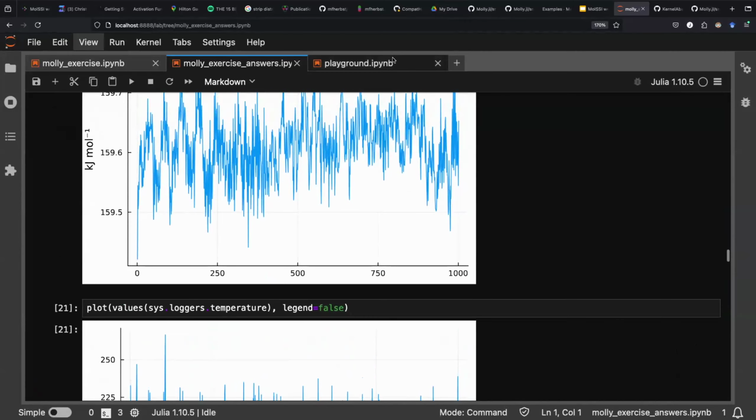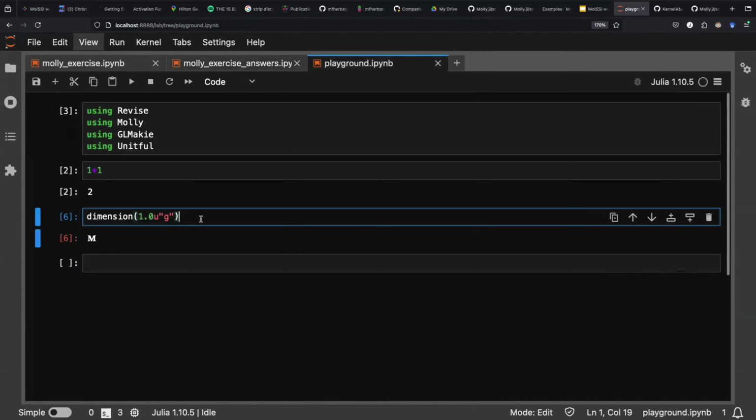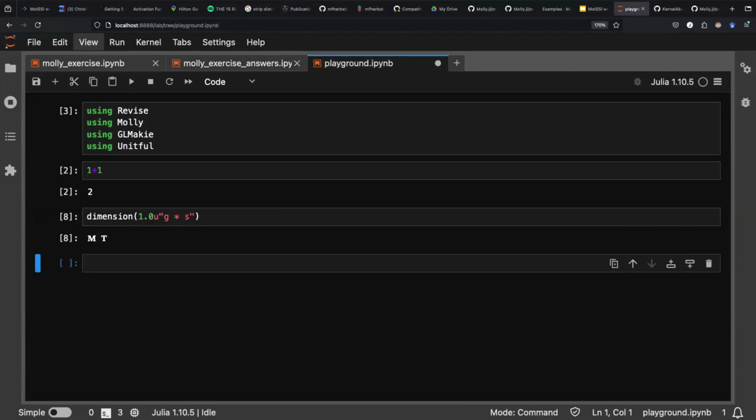Second thing was about units. You can use this dimension function, which tells you the dimension of something. So for instance, the dimension of 1 gram is m, which is mass. You'll notice this is a special m, a special character. Similarly, grams times second is mass times time.